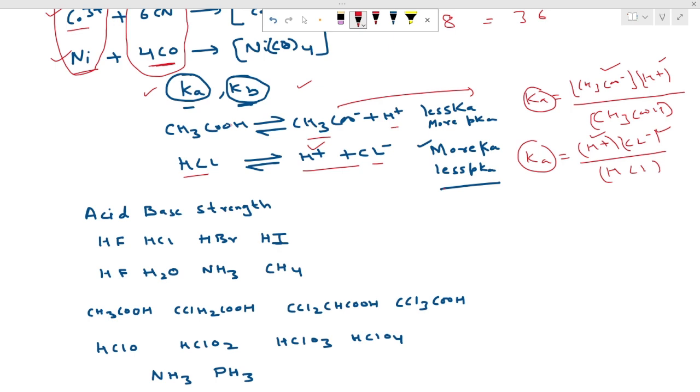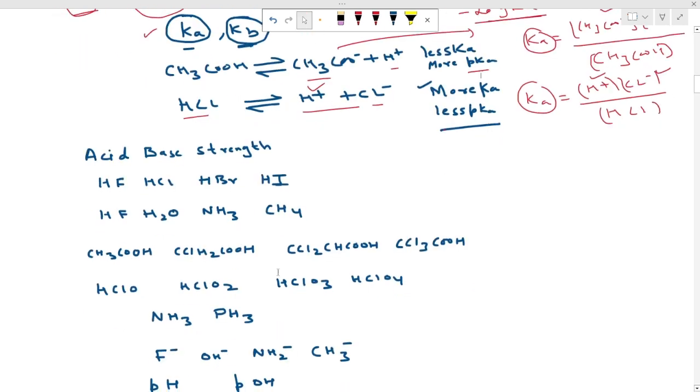The pKa is just the opposite, because pKa is the minus logarithm of Ka, so it is opposite to the trend of Ka. So more Ka means a stronger acid, and more pKa means a weaker acid. Less pKa means a stronger acid.